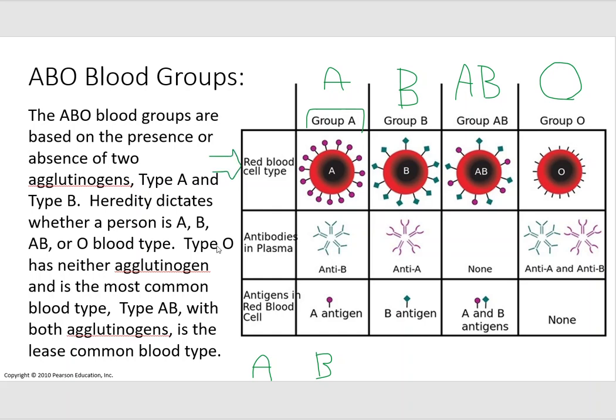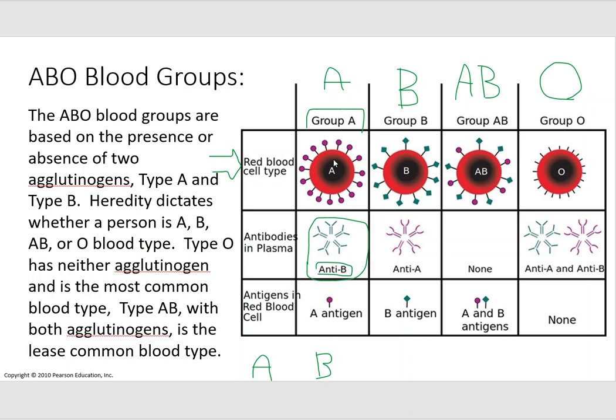So that's the way. Now, this is the place where people get confused. If I've got type A blood, then I will have antibodies against the B antigen. I won't have antibodies against the A antigen because that's what I've got on my blood.